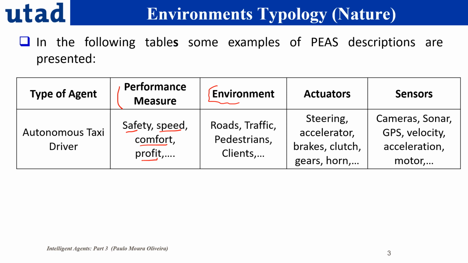The environment where the agent is going to operate is the roads, the traffic signs, pedestrians, clients, etc. The actuators can be the steering wheel, the accelerator, the brakes, the clutch, gears, horn, etc. And for the sensors, you can have cameras, sonar, GPS, velocity sensor, acceleration sensor, motor sensors, and so on.